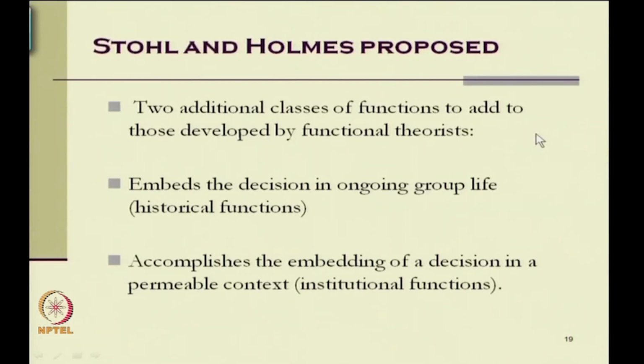And to improve it, according to Stoll and Holmes, two additional efforts should be made. One is that the action embeds the decision in the ongoing group life. This is the historical function.